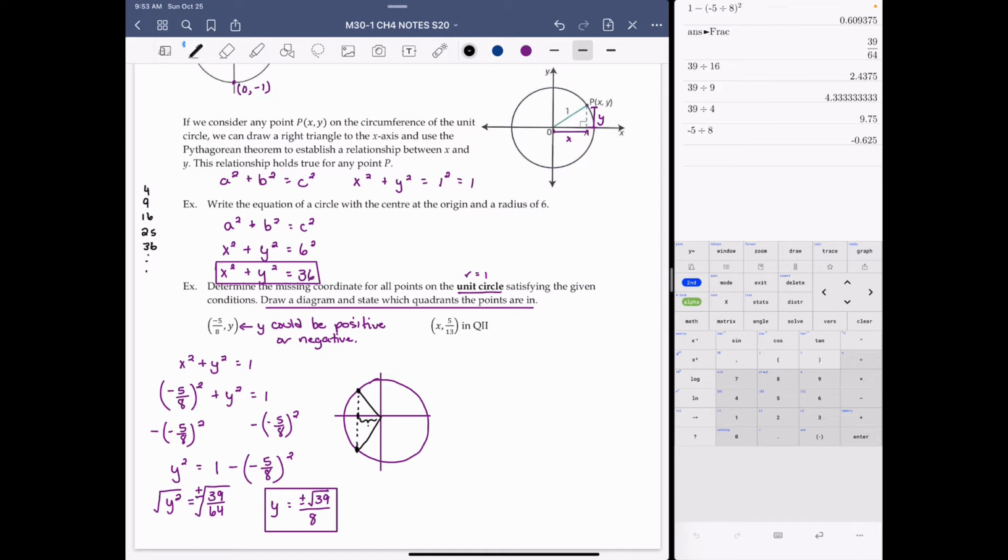So we'd have an x value, negative 5 over 8. And then this y value would be positive root 39 over 8. And then this y value would be the negative.